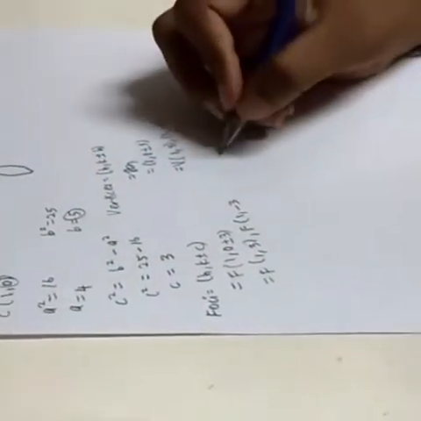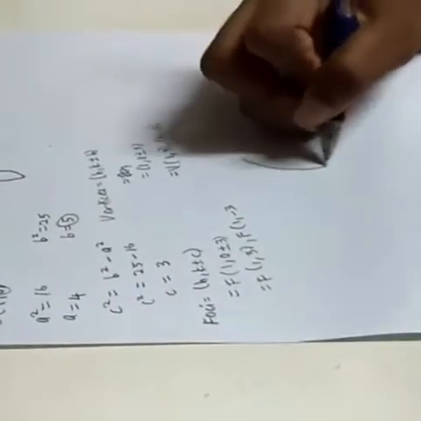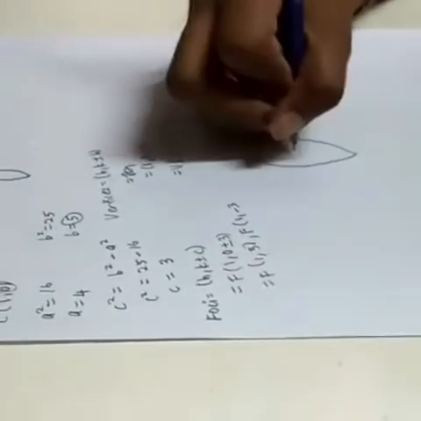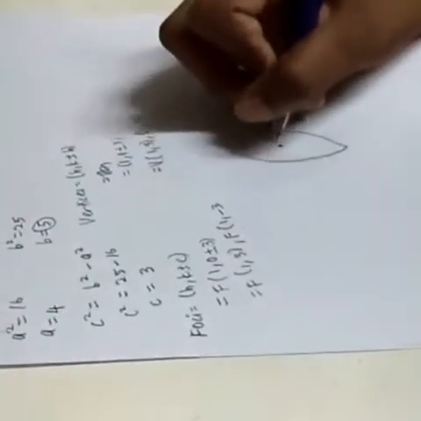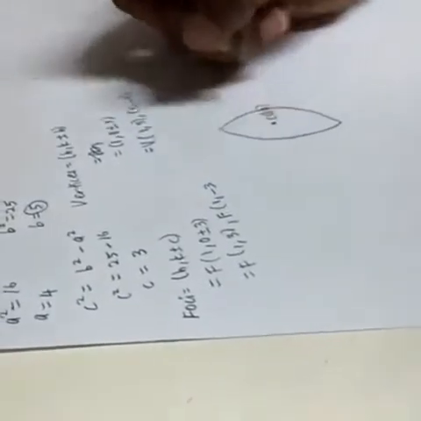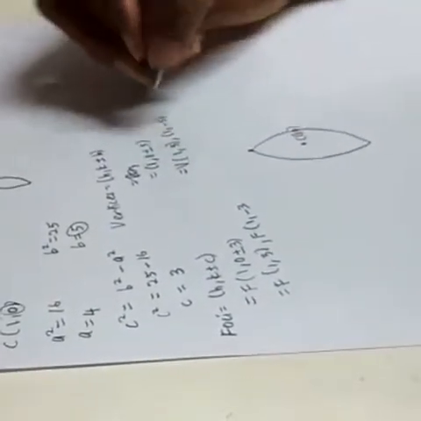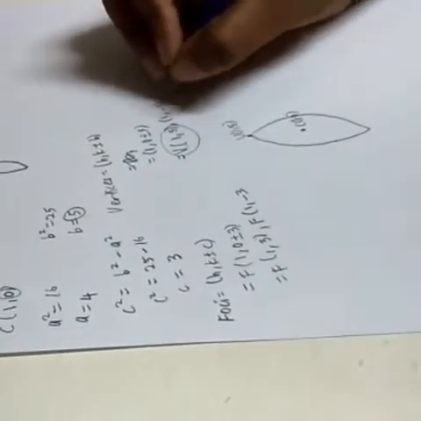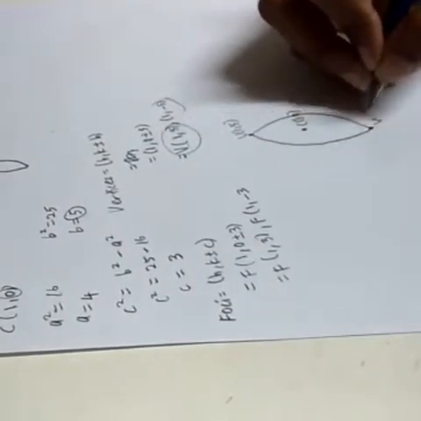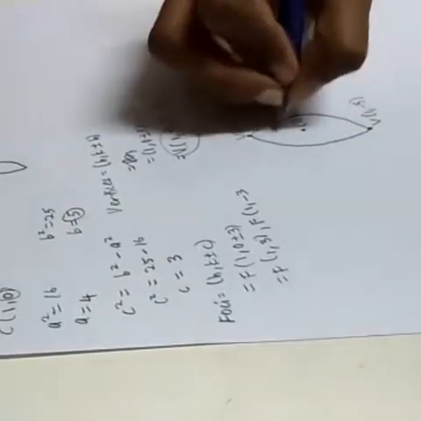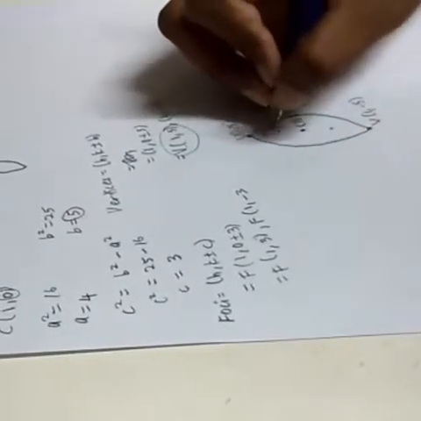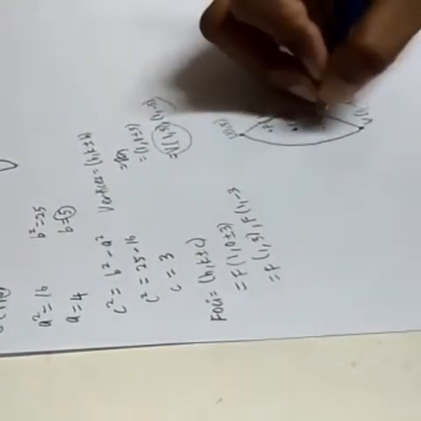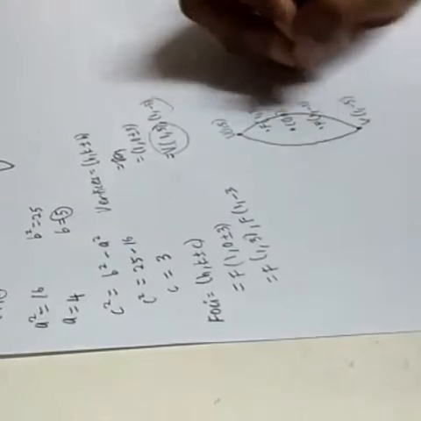Now we sketch the graph of the ellipse, the shape of the ellipse. The center is (1, 0), the vertices are (1, 5) and (1, -5), and the foci are (1, 3) and (1, -3).